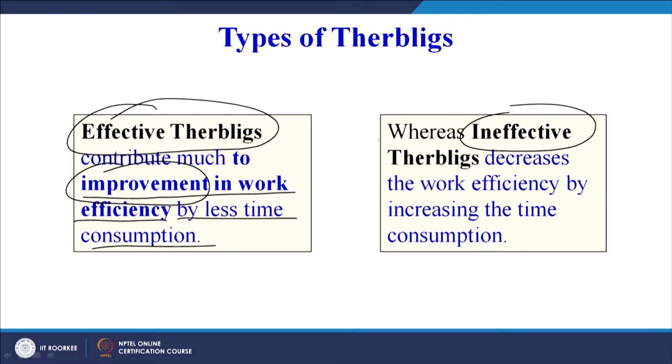Effective therbligs lead to improvement in work efficiency, while ineffective therbligs lead to increased time consumption. Maybe sometimes there is a rest period, which is ineffective time, so it will increase the time consumption and decrease the worker efficiency.